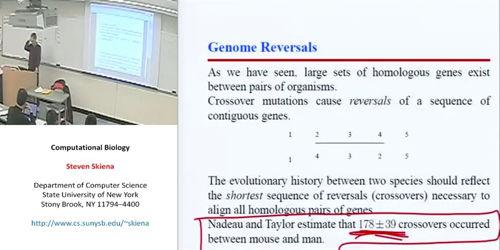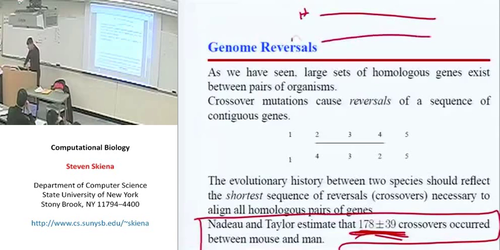So what is the situation? Suppose we look at a species. Here I've got the human genome, and here I've got the mouse genome. We know that humans and mice have the same set of genes.